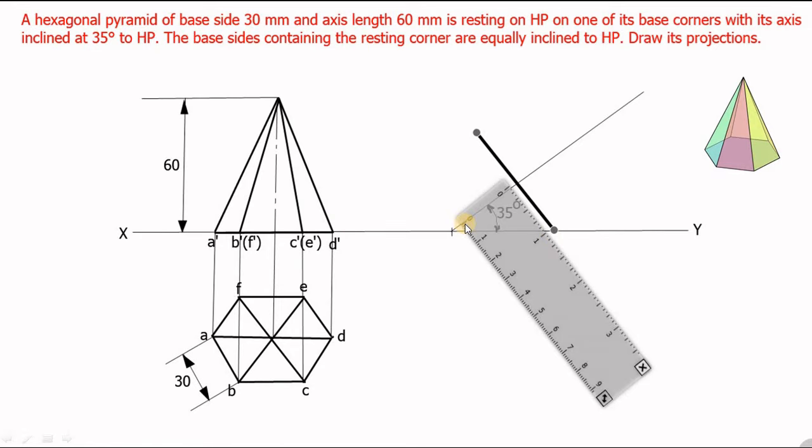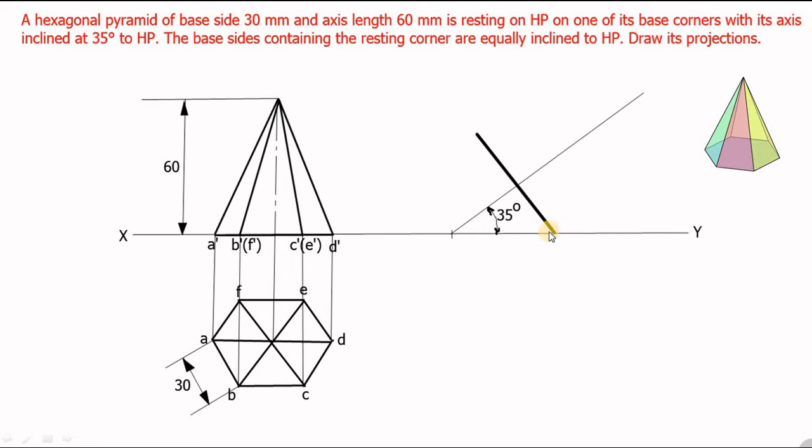I am using a scale and just moving it without changing its position, so the slanting line and this marking on the scale merge exactly. After getting 25 mm, I have fixed the D dash point. Clear? This will be D1 dash in the second position.